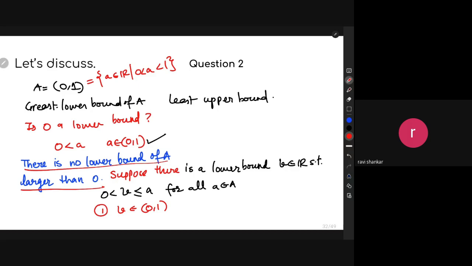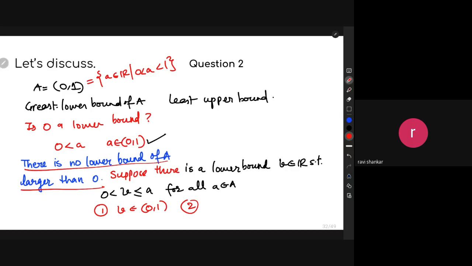First of all, because it is larger than 0, it has to be an element of 0 comma 1. Now, can I find a smaller element of the open interval 0 comma 1 which is smaller than B? Yes, I can.